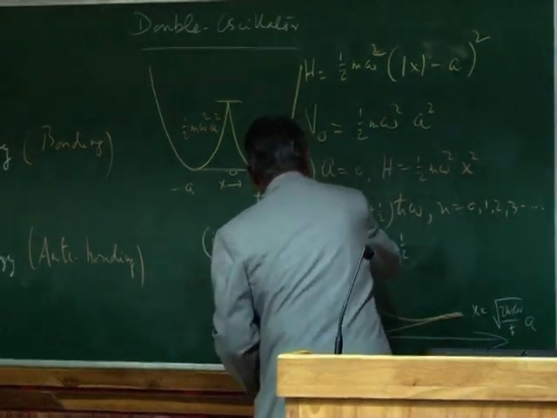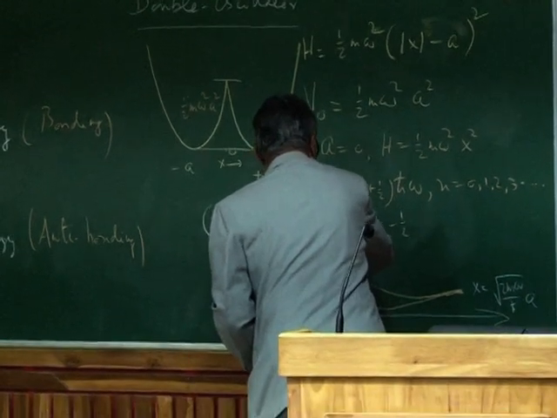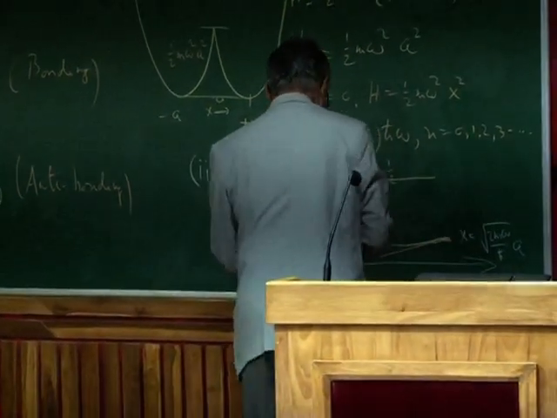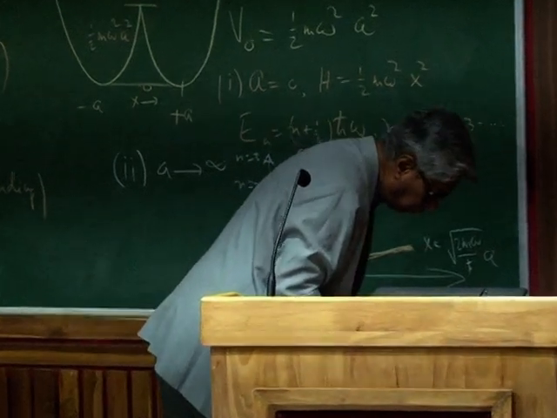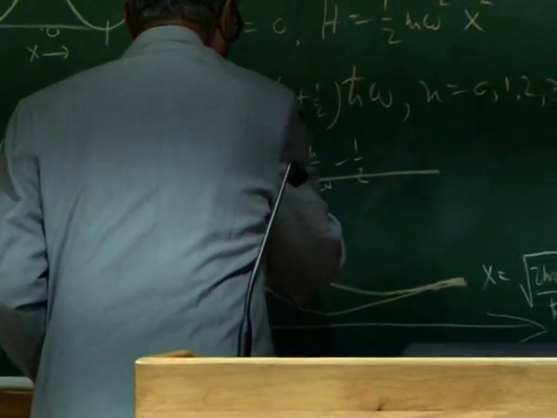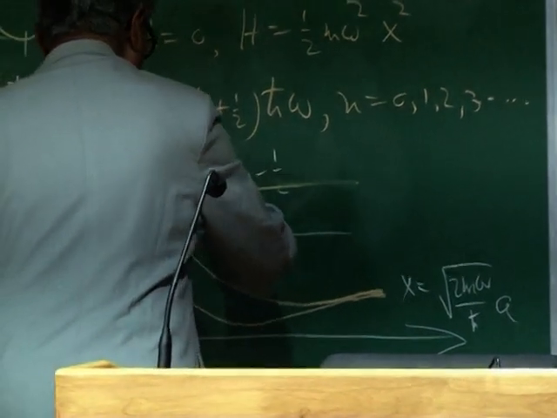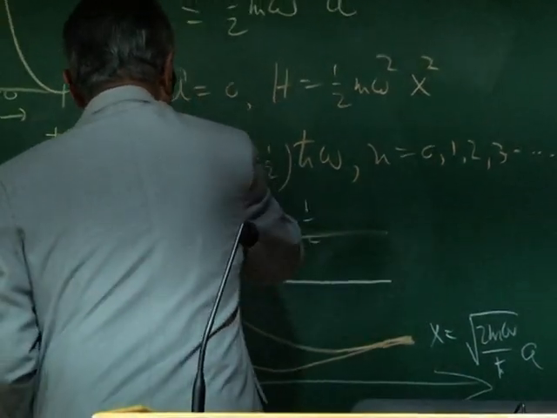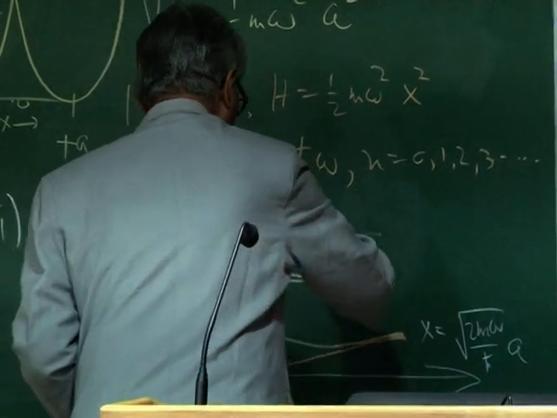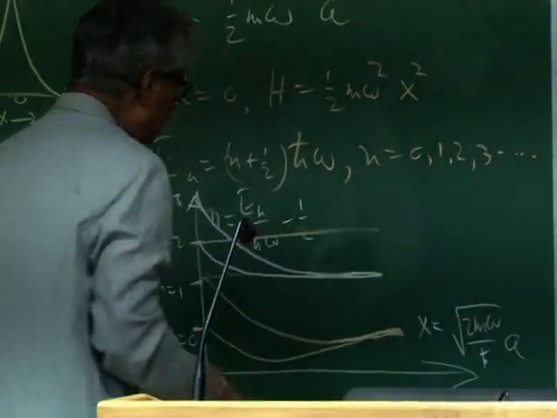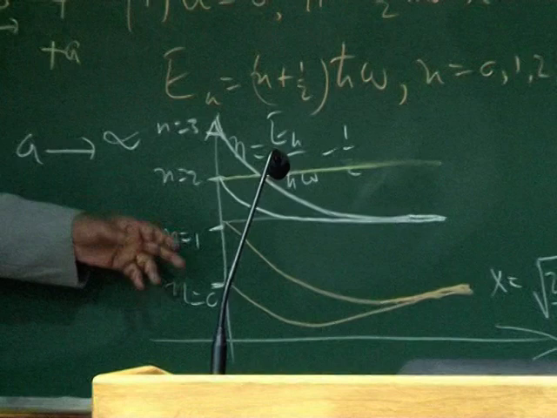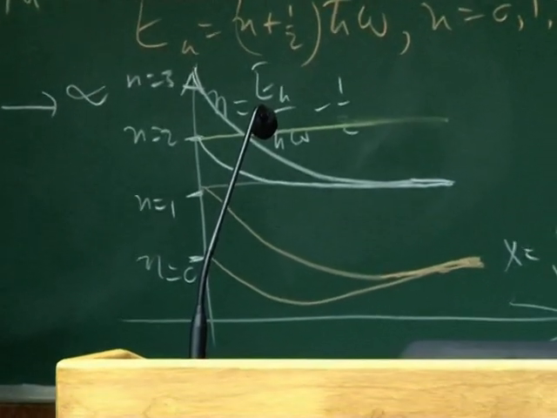These levels merge together. So here is n equal to 1, and n equal to 2, and n equal to 3, they merge together. So this picture is showing how the energy eigenvalues are merging.